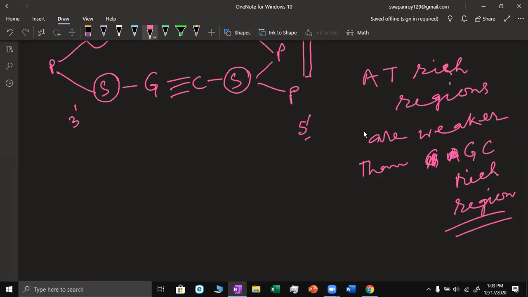All right. So in the DNA there are always some regions that are AT rich, some regions that are GC rich, and whenever during DNA replication the two strands have to open, the opening usually takes place at the AT rich region. Okay.